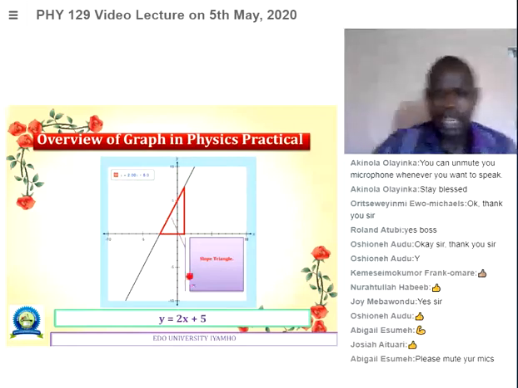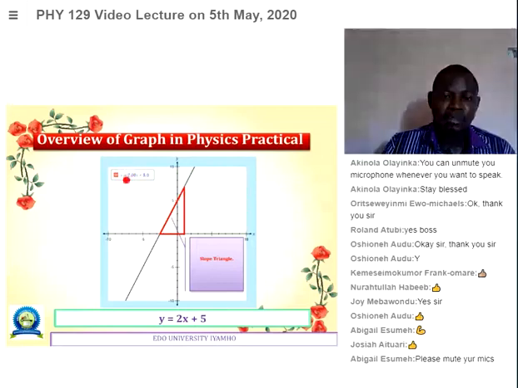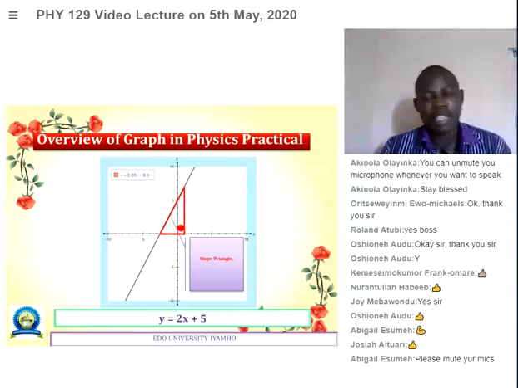Going on, look at the slope triangle I've just drawn around this linear graph. From this linear graph, I want to go ahead and compute my slope. And whatever slope I'm computing should be similar to what I have in this place. If it's not similar, it simply means something is not correct.